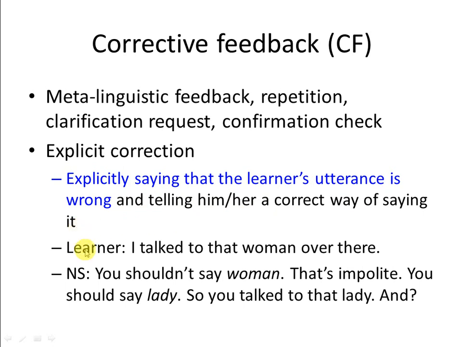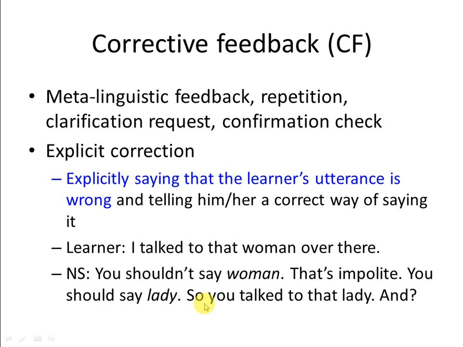So for example, if the learner says, "I talked to that woman over there," the native speaker who the learner is talking with can say, "You shouldn't say woman, that's impolite. You should say lady instead.